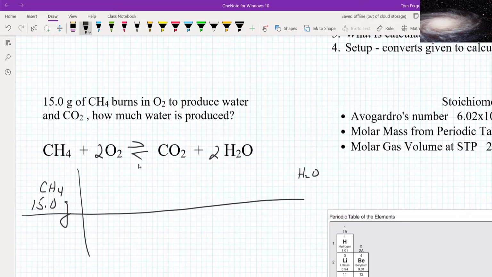Okay, so what we're going to start with is a balanced equation, as you remember, is only valid for 2 things. Moles, it's a molar relationship, and molecules, number of molecules.